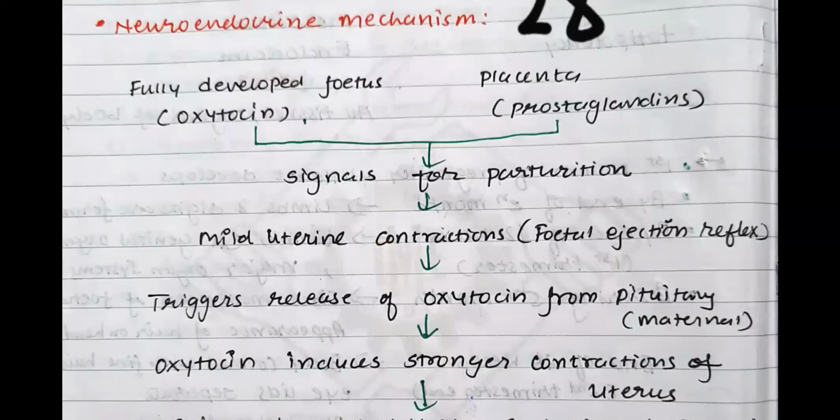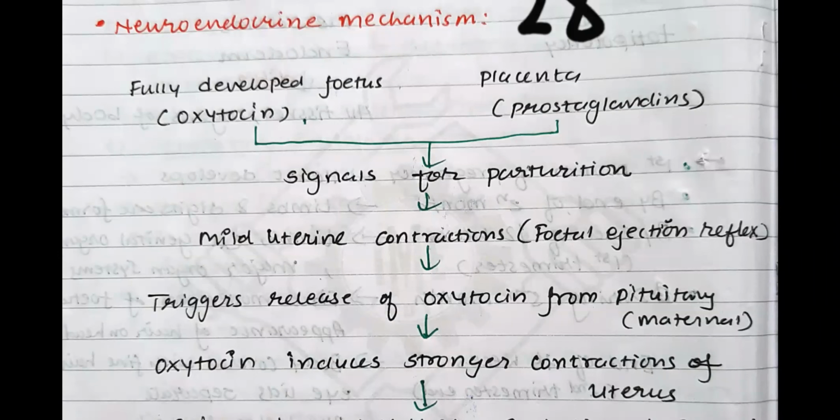This is a kind of neuroendocrinal mechanism. The nervous system sending its messages through the nerve impulses, and the endocrine system sending its messages through the hormones. Both are significantly involved in this entire mechanism of parturition.